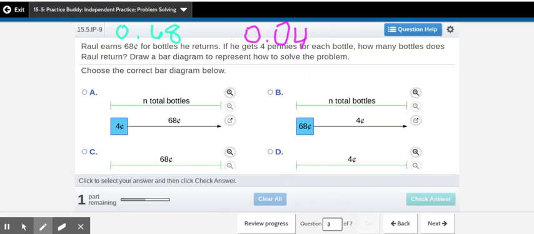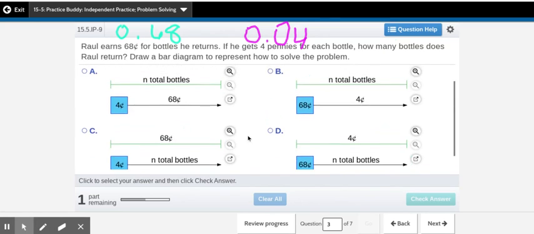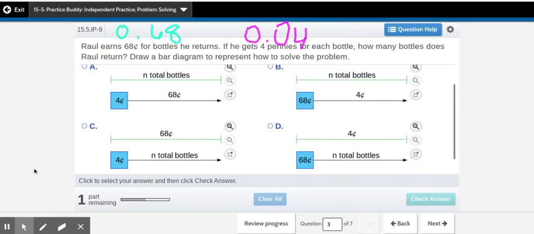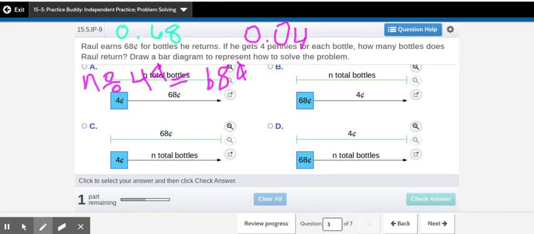So that means, guys, for our total number of bottles, we are seeing how many 4 cents can we get out of the 68 cents. I will show you exactly what equation each of these is showing us. So this first one is saying that you're doing your N divided by your 4 cents, and that equals 68 cents. That doesn't even make sense.